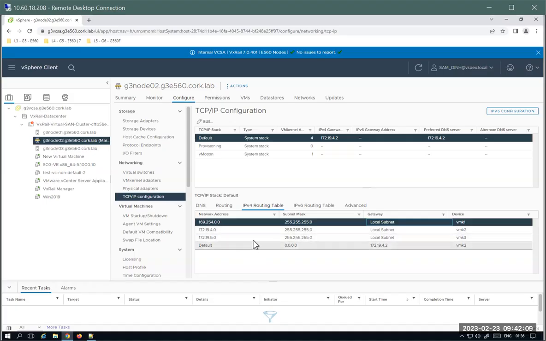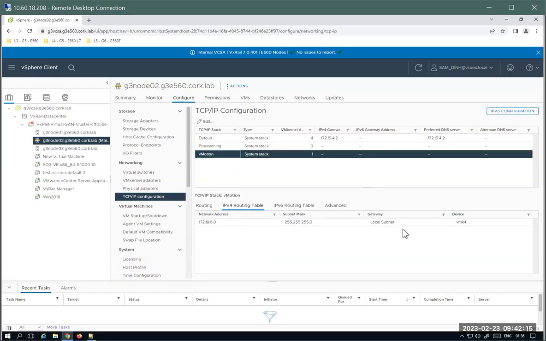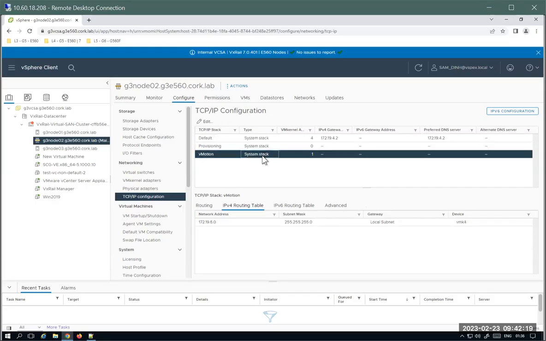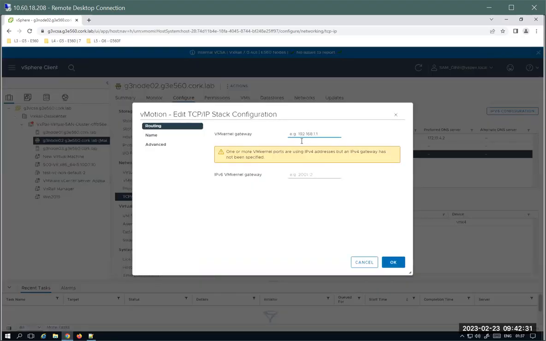This is why we have a routing table here. But on vMotion, we don't have one. So this vMotion network cannot go anywhere except within this cluster. So if the customer wants it to go somewhere, the customer needs to put the gateway IP here.